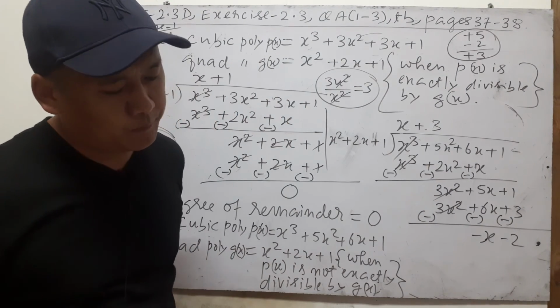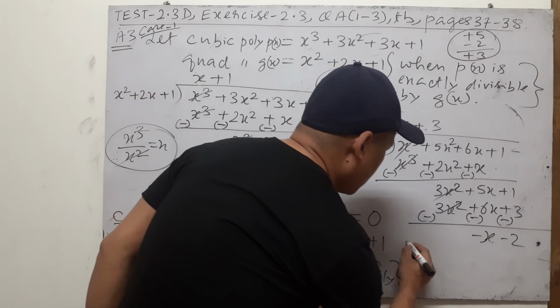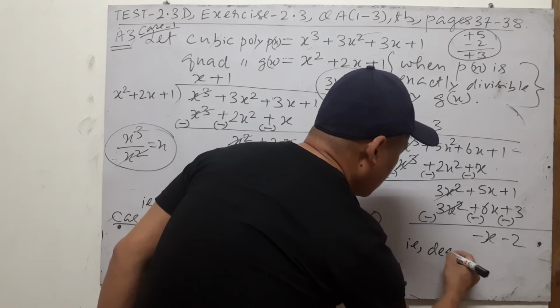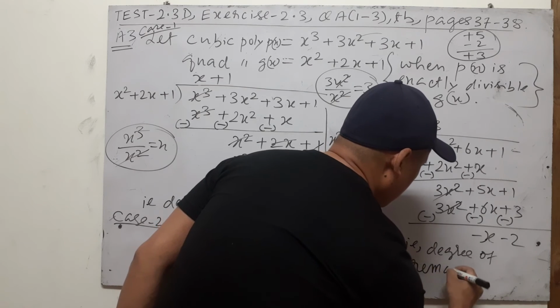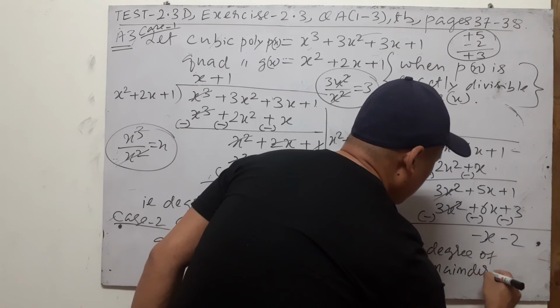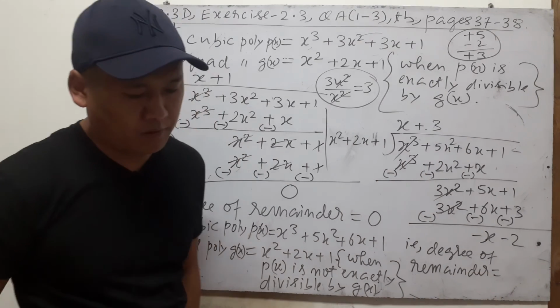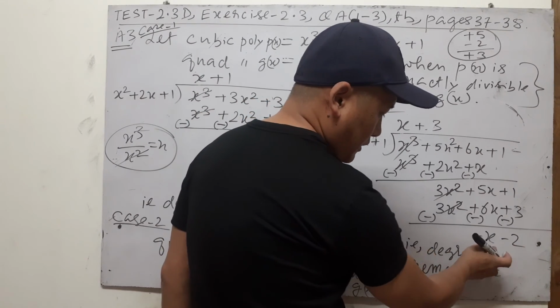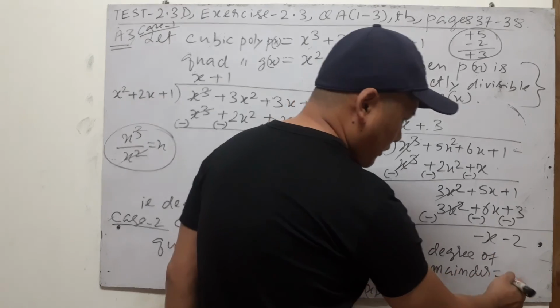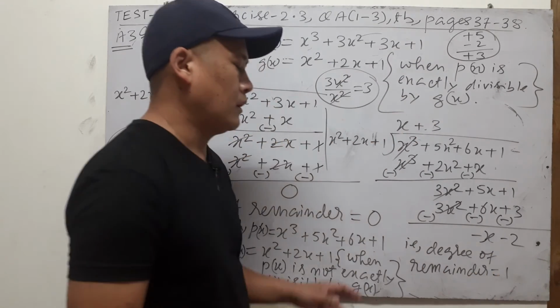In such a case, the degree of the remainder is, here the remainder is minus x minus 2, meaning the highest power of x is x to the power 1, so the degree is 1.